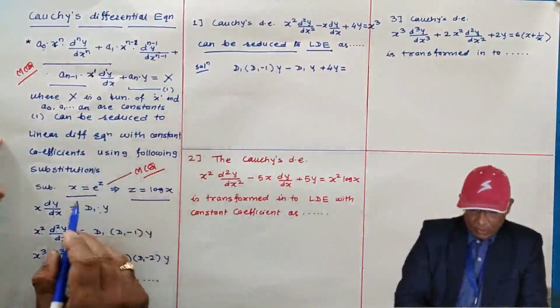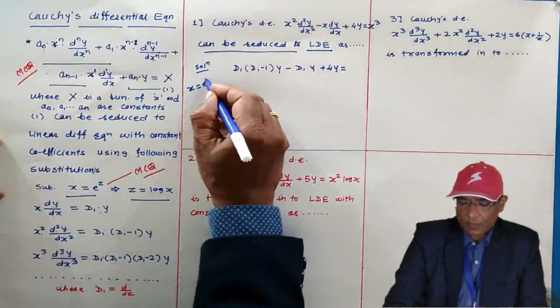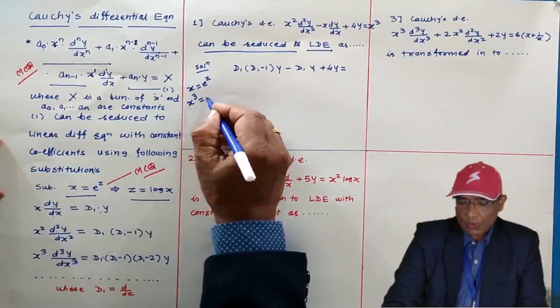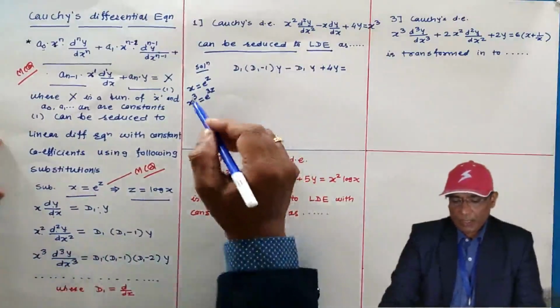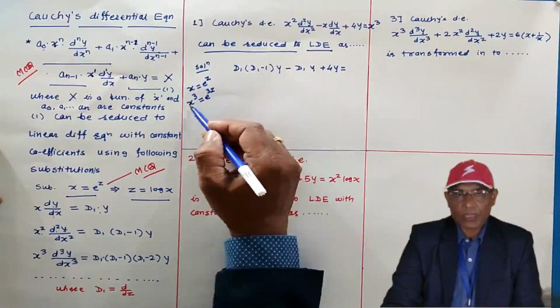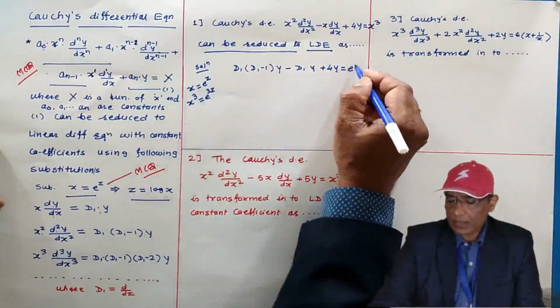X is what? X is e raised to z. Therefore, x cube will be e raised to power 3z. Third power I have taken. If power of x is 4, then e raised to 4z. Power of x is 5, e raised to 5z. Like that. E raised to power 3z.